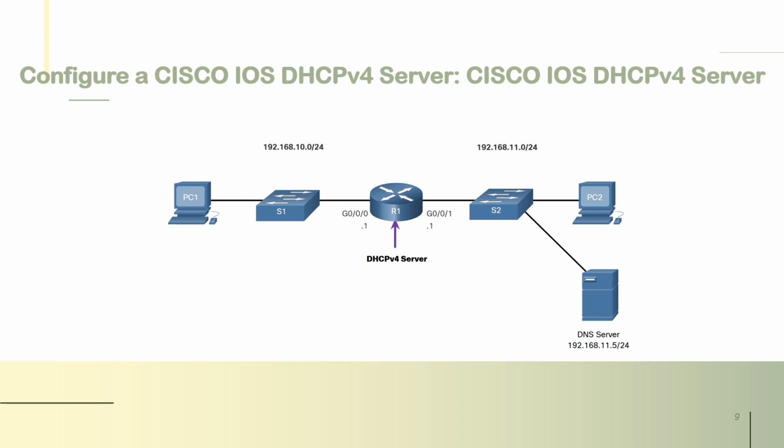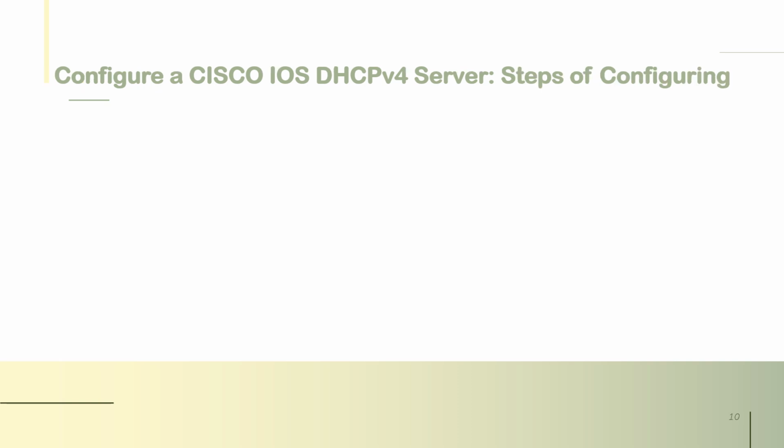So let's go through these steps. There are 3 steps that we will use. We will exclude IPv4 addresses, we will define a DHCP pool name, and then we will configure the DHCP version 4 pool. So the first step is about excluding the IPv4 addresses.